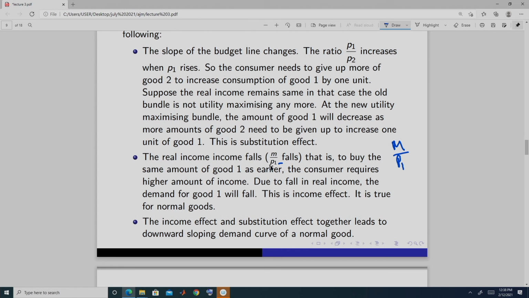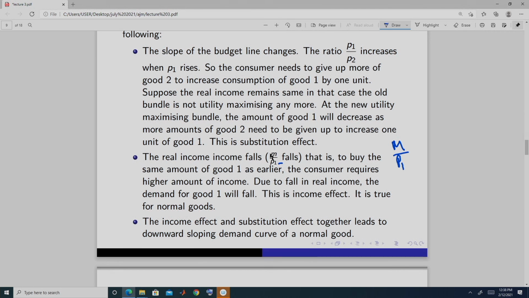So this has fallen, but you can still buy the maximum amount of good 2 that you were buying earlier. And we know the way the budget line shifts whenever the price of good 1 changes, right? So whenever the price increases, what happens? The budget line will shift inward, right?